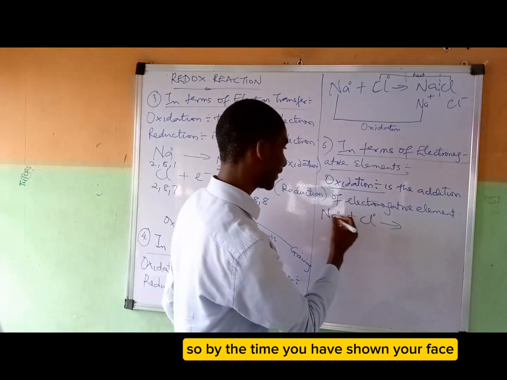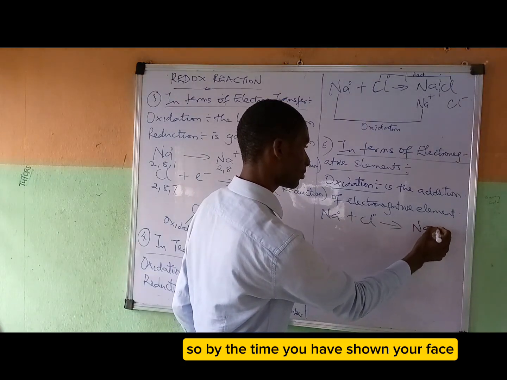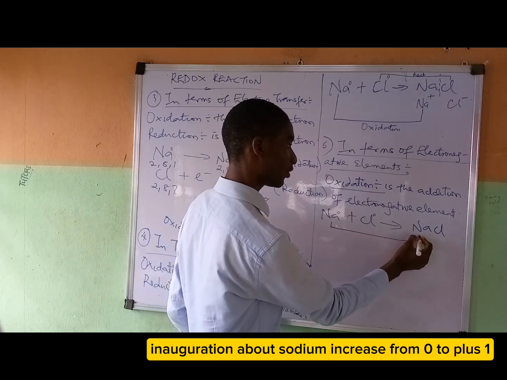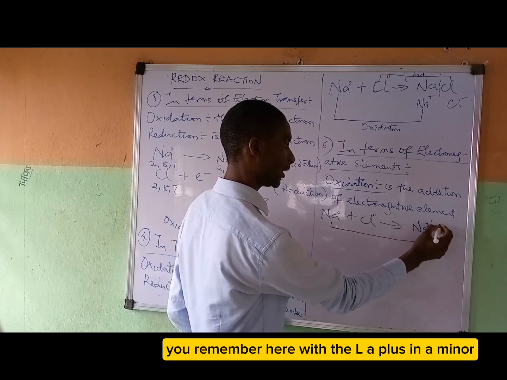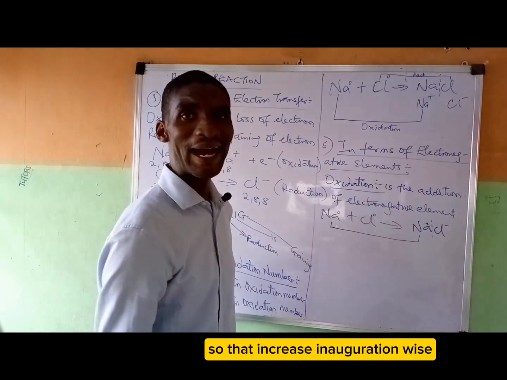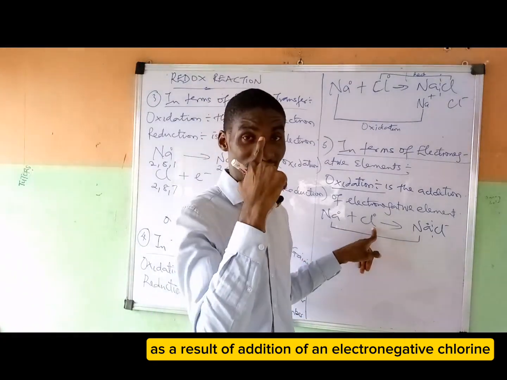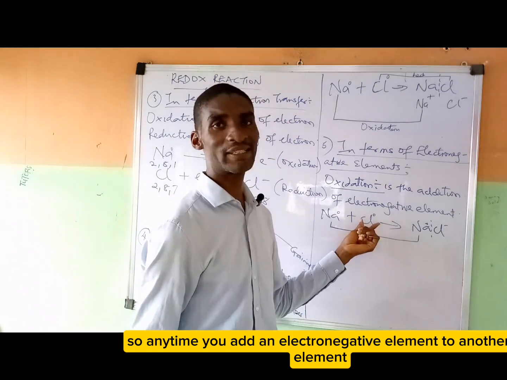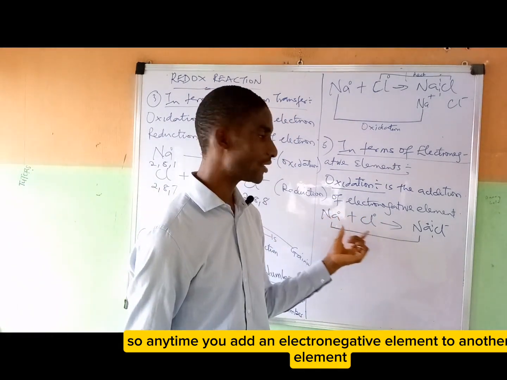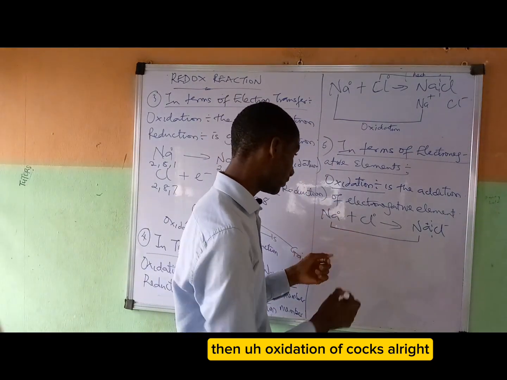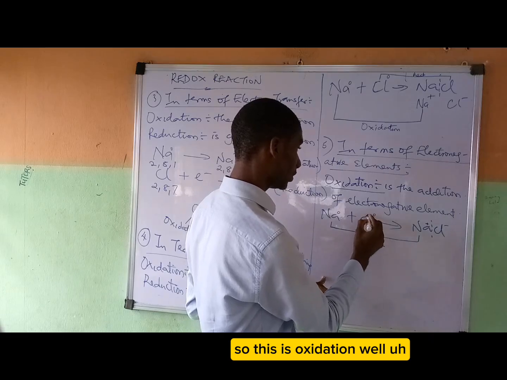So by the time you have sodium chloride, can you see the oxidation number of sodium increase from 0 to +1? You remember here with Na plus and Cl minus. That increase in oxidation number is as a result of the addition of an electronegative chlorine. So anytime you add an electronegative element to another element, then oxidation occurs. So this is oxidation.